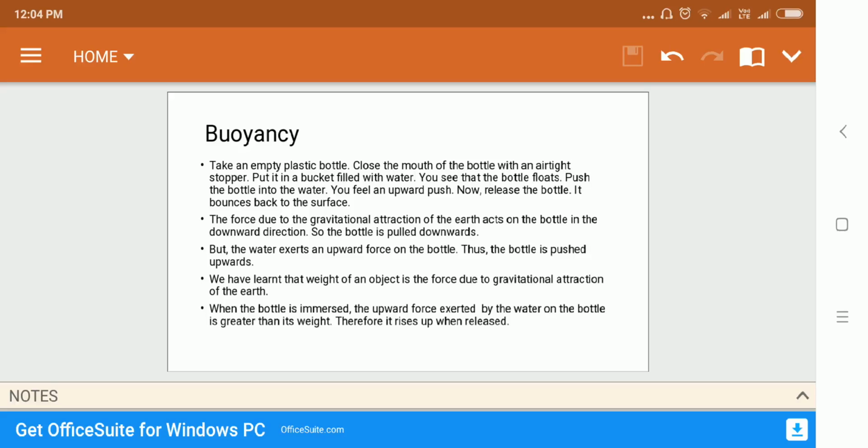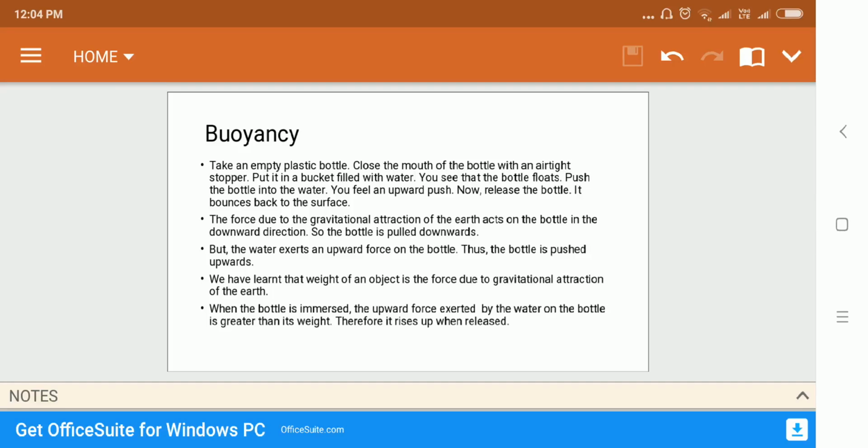Now if we release the bottle, if we stop applying force in the downward direction, then the bottle comes outward, it bounces back onto the surface of the water. Right? So what is happening?